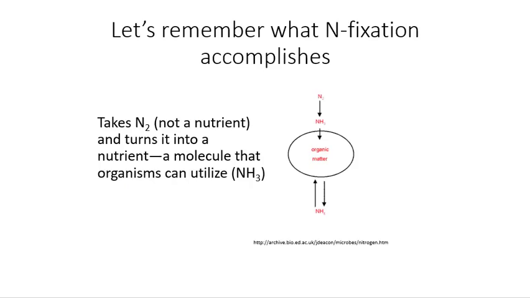It is important to remind ourselves what nitrogen fixation accomplishes. Nitrogen fixation takes dinitrogen gas, which is not a nutrient, and it turns it into a nutrient, ammonia. Ammonia is quickly taken up into biomass.